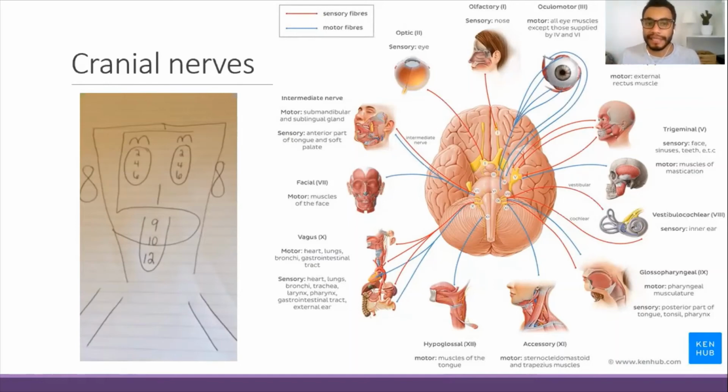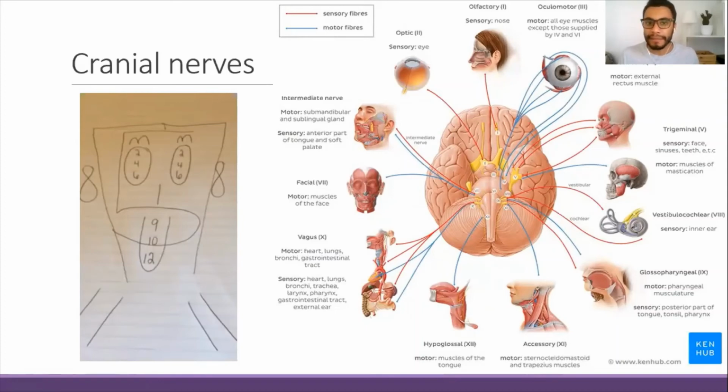And it's mixed. Then we have number 10, also located in the tongue area. This is the vagus nerve. Vagus because it has a wandering function.